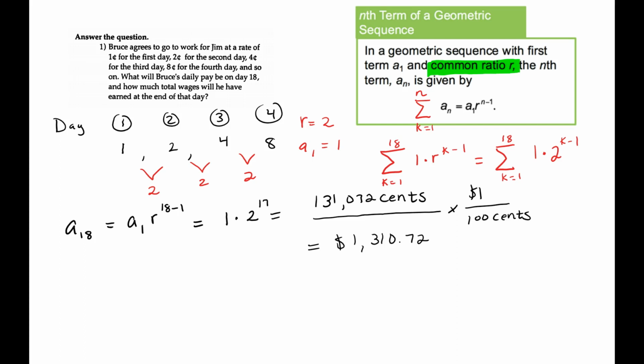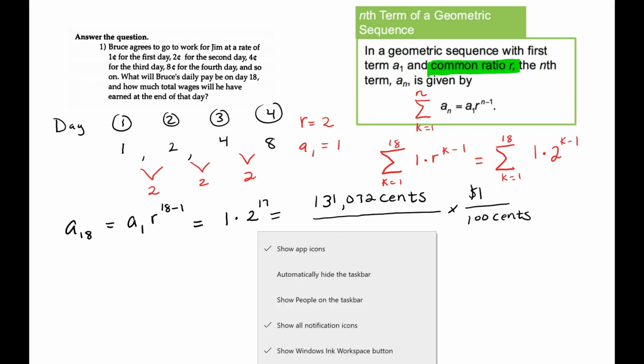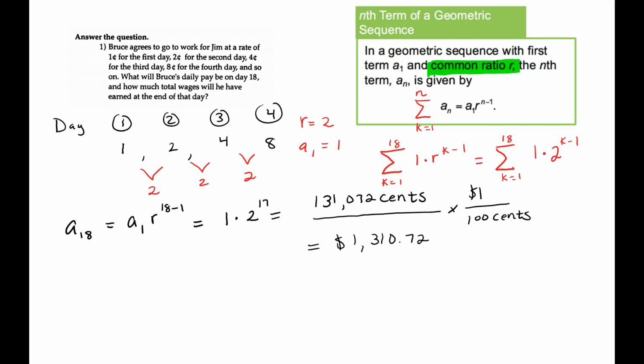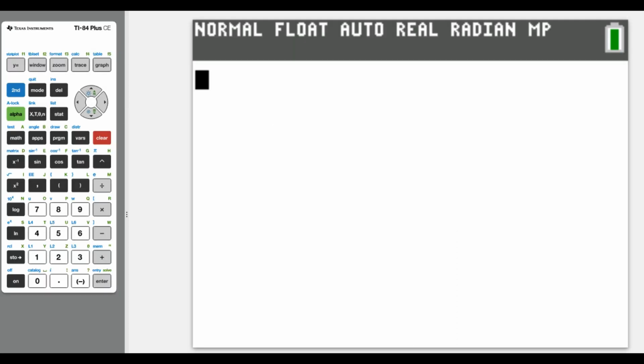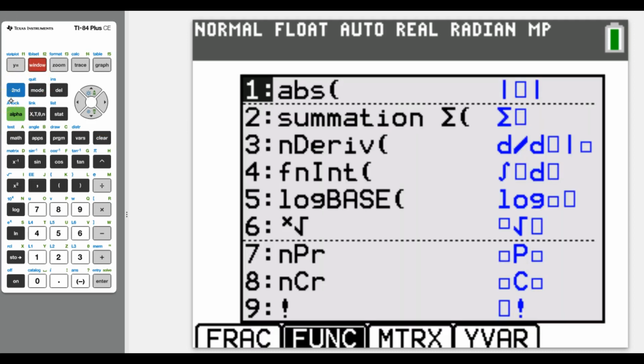Okay, now what we're going to do is switch things up a little bit. We're going to take a look at this formula, but we're also going to utilize the calculator to help us find the total. Remember, this is in cents, and when we get our answer, it's going to be in cents, so we're going to have to convert that. So let me switch over to the calculator. We're going to hit alpha, then window, and then number 2 for summation.